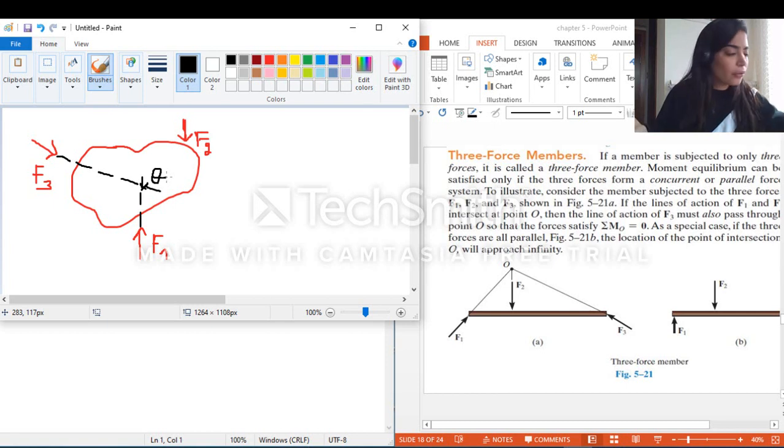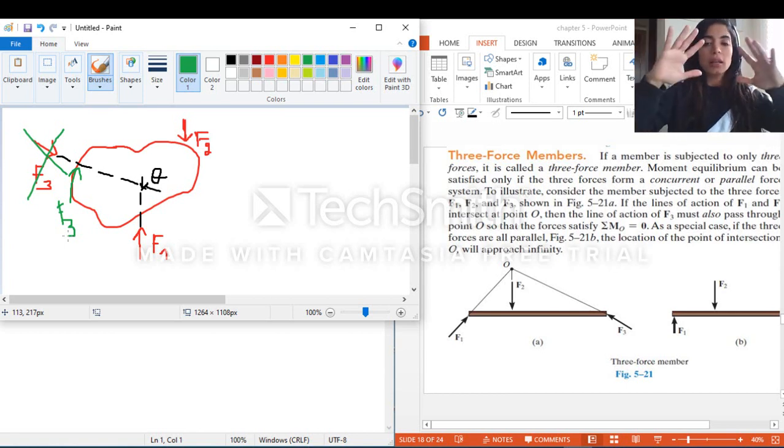What does this mean? If F3 and F1 could not be intersecting the same point, this means, guys, that F3 should be parallel to F1, and this is what I mean by 3 parallel forces. So this should be F3. Okay, so you can apply this for F2. So if F3 is not parallel to F2, so guys, this is how to prove that they are parallel.